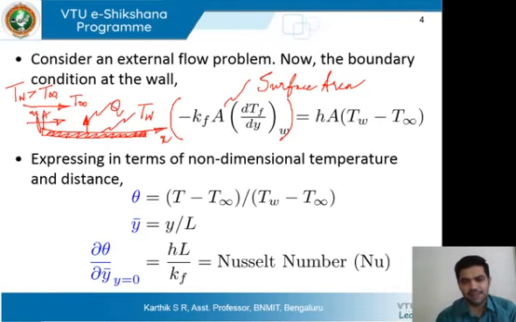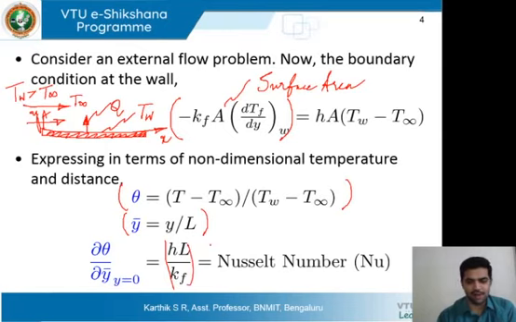Now if I express the temperatures in the form of a non-dimensional temperature theta, which is given by the temperature at any point minus T infinity, divided by the wall temperature minus T infinity, and also non-dimensionalize the length in the y direction as y by L, then if we substitute, you will obtain a ratio.